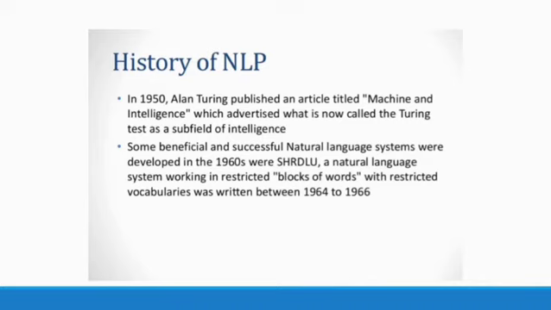History of NLP. The very first instance of NLP can be seen in the year 1950. In that year, Alan Turing first created a machine named the Turing test machine, and this machine was actually used to test other machines which boasted that they could think or speak or work like humans.